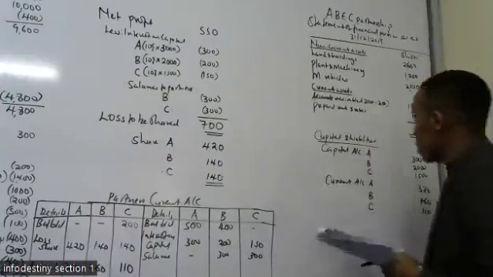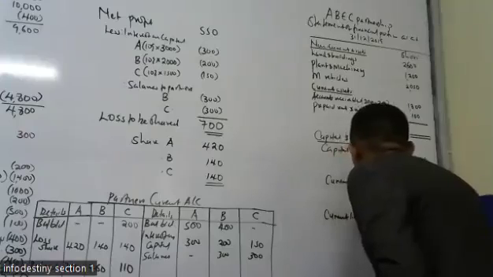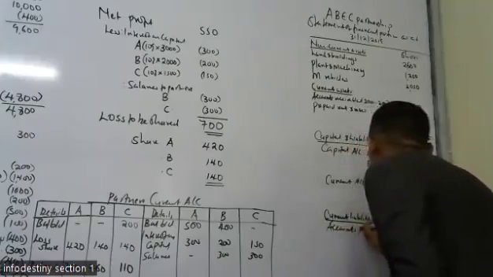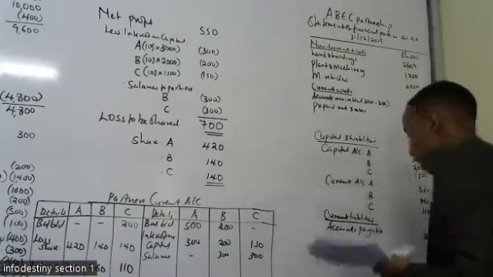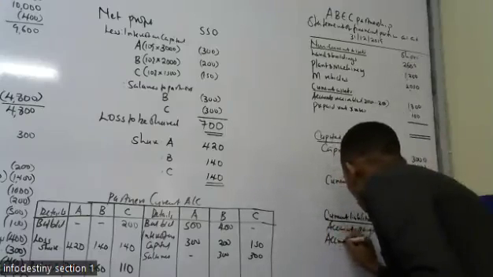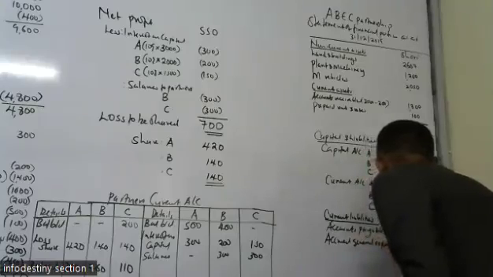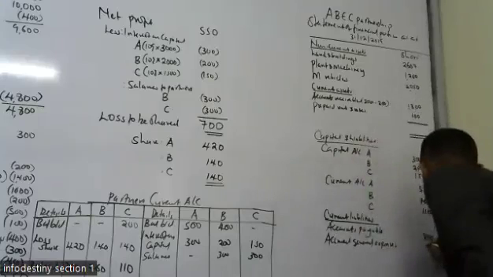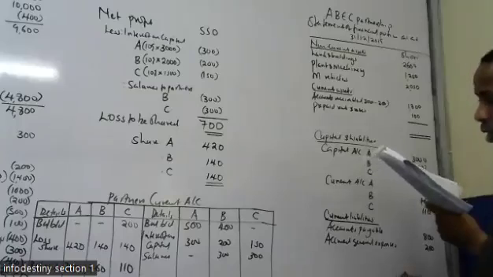Then we have the current liabilities. We have the accounts payable, 800. And also we have the accrued general expenses, additional information 3 of 200.